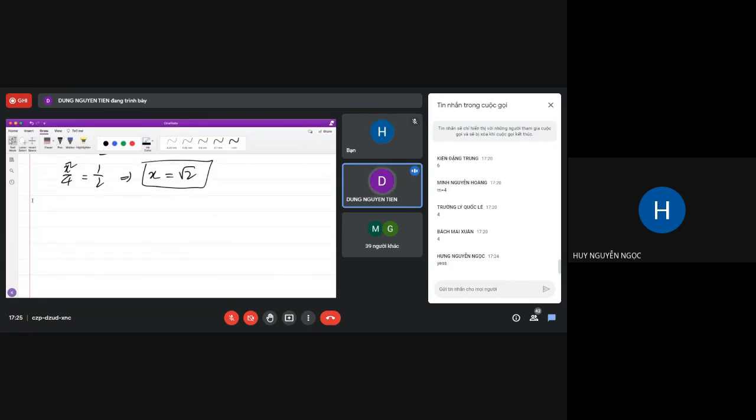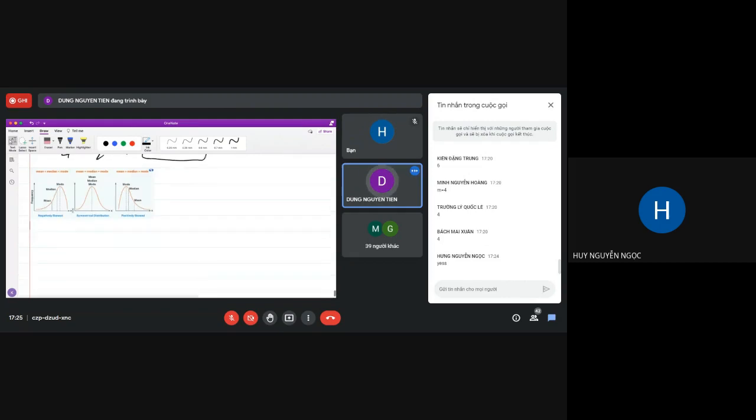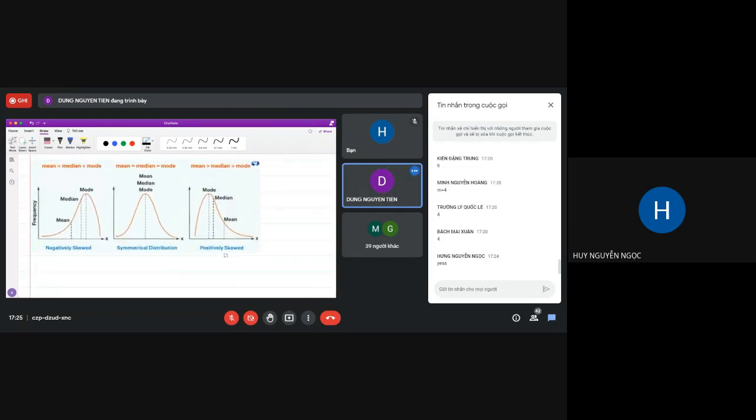So as you may see, the mean is less than the median. If the distribution is negatively skewed, then the mean is less than the median. If the distribution is symmetric, then the mean and the median are the same.